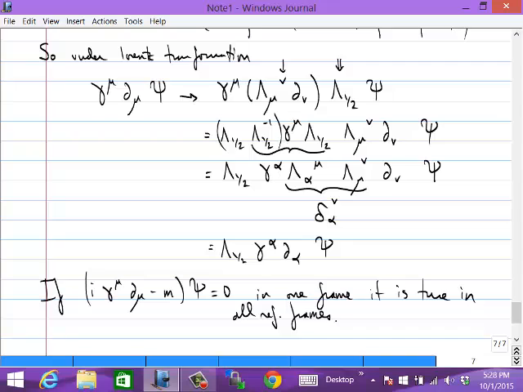And that's the proof of what we would say, not Lorentz invariance, but Lorentz covariance of the Dirac equation. We would call it covariance rather than invariance because you get this factor of lambda to the 1/2 out front.